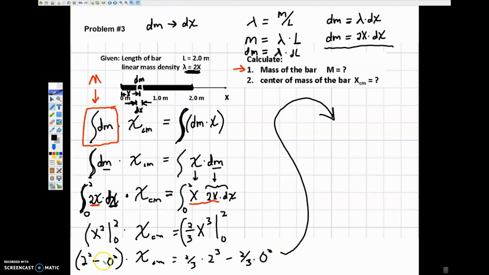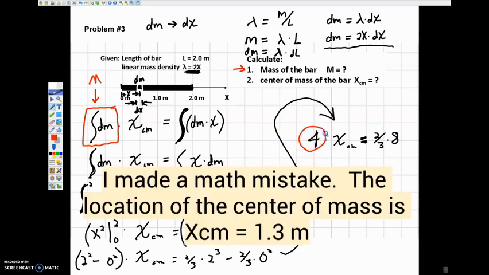And on the left-hand side, I get 4 times x center of mass equals, and on the right-hand side, I end up getting 2/3 times 8. Now, I want to remind you, this right here was this right here, which was the mass. So the mass of the bar was 4 kilograms.